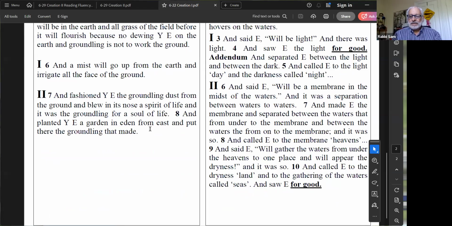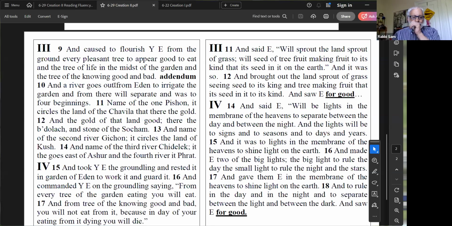It was not a garden of Eden, it was a garden east of Eden. And God then takes that Eden place, whatever it is, and sends a river out from Eden to irrigate the garden. So the river starts in Eden and flows through the garden that God has created with edible fruit trees.